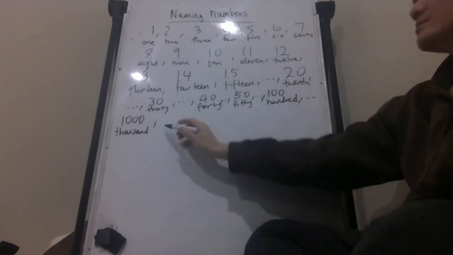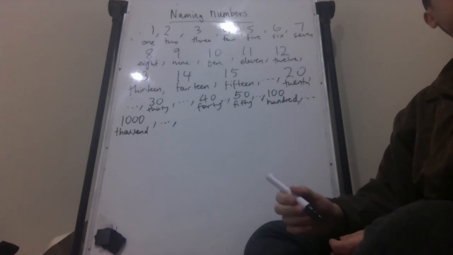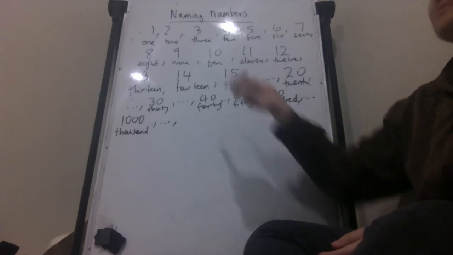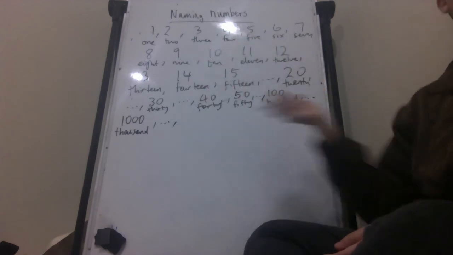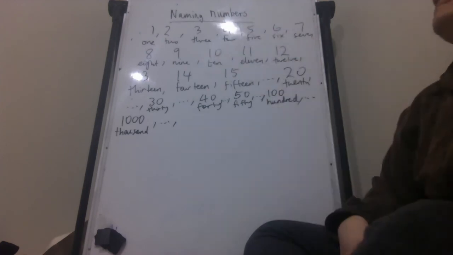So we're not going to list those. Those are all using words that are already here, right? So what's the next number that doesn't use any of these words?